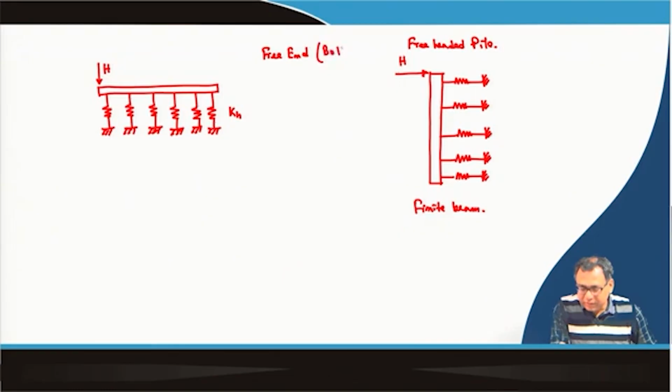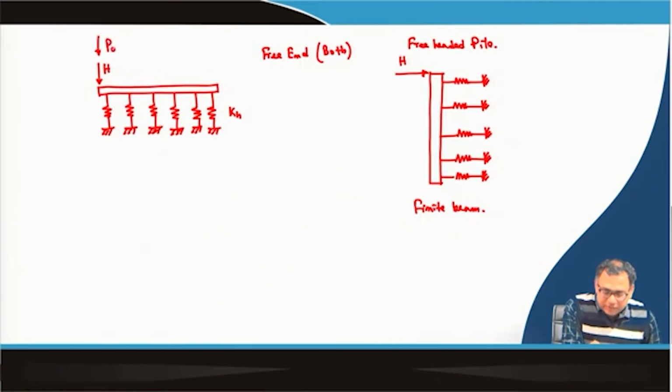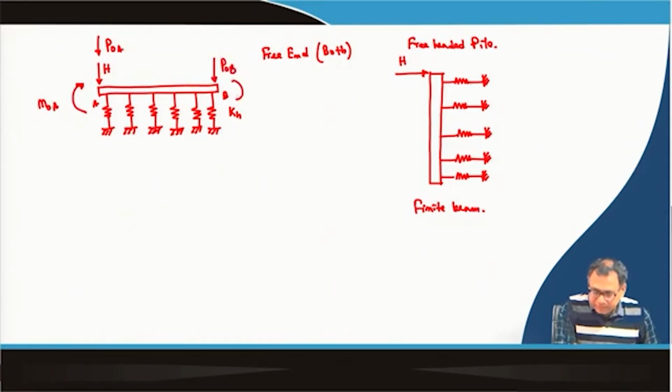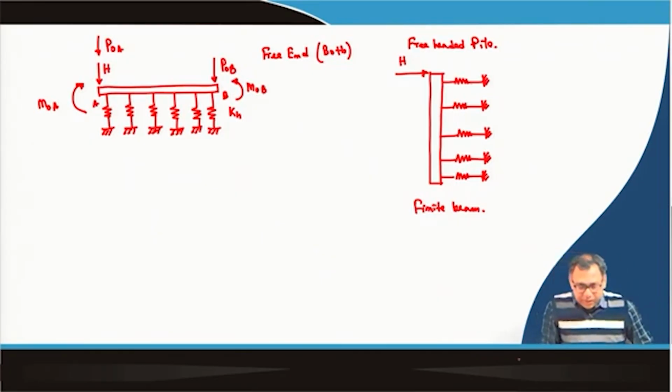Both ends are free, so we apply the end conditioning forces: P0A, M0A, P0B and M0B. These 4 are the end conditioning forces and H is the actual applied load.